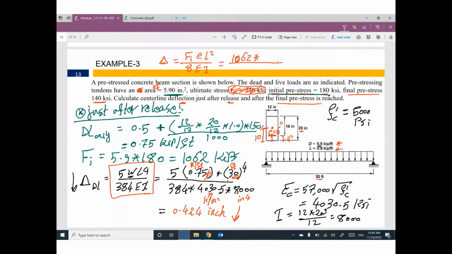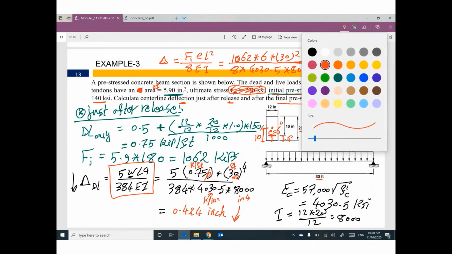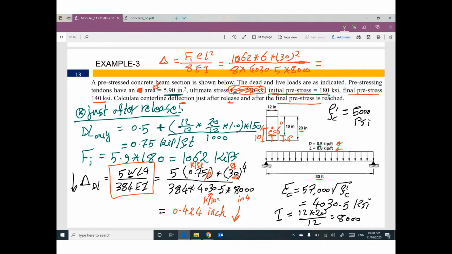So eccentricity equals 6. The length of the beam 30, squared, divided by 8 times E 40, 30.5, I 8000. Please make sure your units are consistent. This one is in kip, that's fine. This one is in inch, this one in feet. This one in kip divided by inch square.